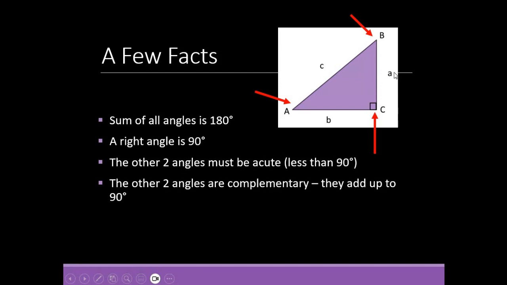And then if you'll see, the little letter opposite of A is a little a, and that is identifying the side A. And then the little b opposite the angle B is the side B, and then of course the side opposite C is a little c, and we'll talk about what that is called here in just a minute.